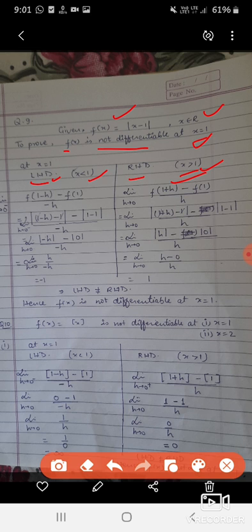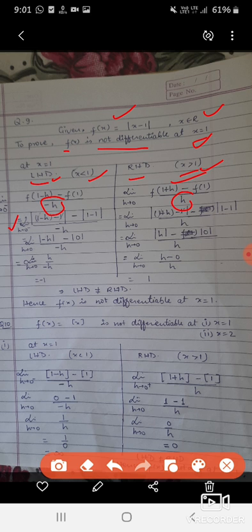After that, how to find this LHD and RHD? We will take limit h tends to 0 negative. Here there is h. This derivative formula is the same as what we studied in 11th class: f(x) minus f(a) upon h. But for LHD we will take minus h here, and for RHD we will take positive h.